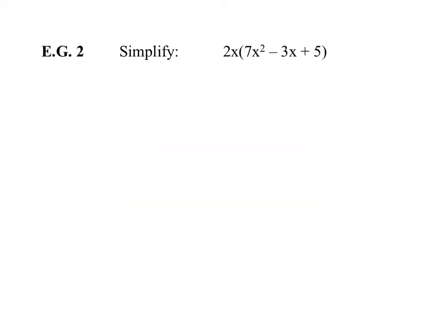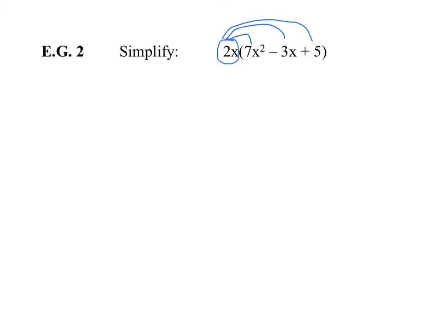Here's a new example. We have a monomial multiplying to a polynomial. The key is applying the distributive property to take the 2x, multiply it to the first monomial, then multiply it to the second, then multiply it to the third.